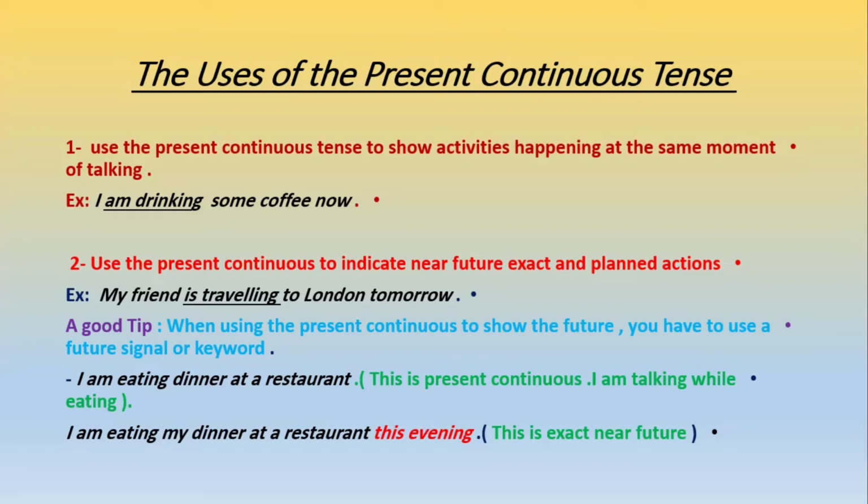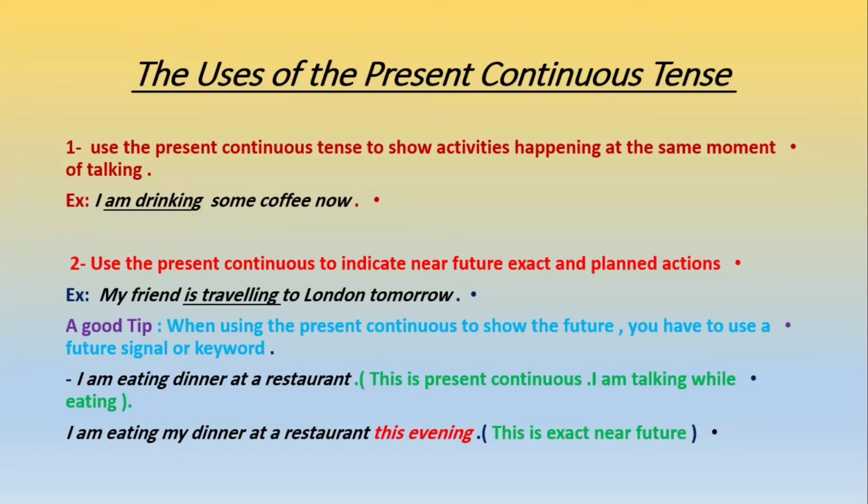Here we have to mention a very important idea I said before, and I assure now: when talking about the future using the present continuous, we have to use a future signal, a future adverb or phrase, like tomorrow, next, or in the future, because if we leave the sentence without a future adverb, it will be present continuous.